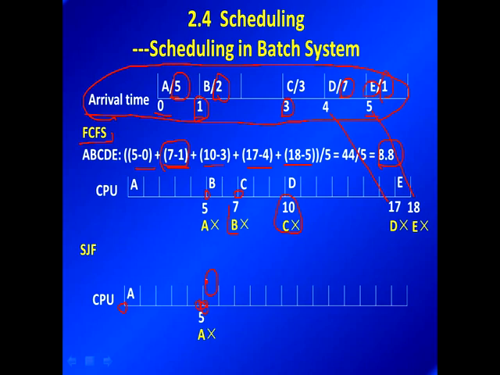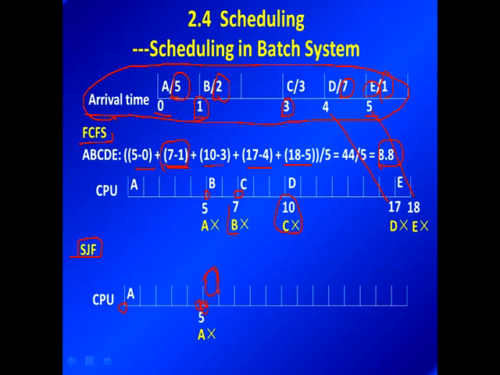We should choose one from B, C, D, E at this time. According to the idea of SJF, we need to choose the job with the shortest running time, the shortest execution time. So here we should put job B here.